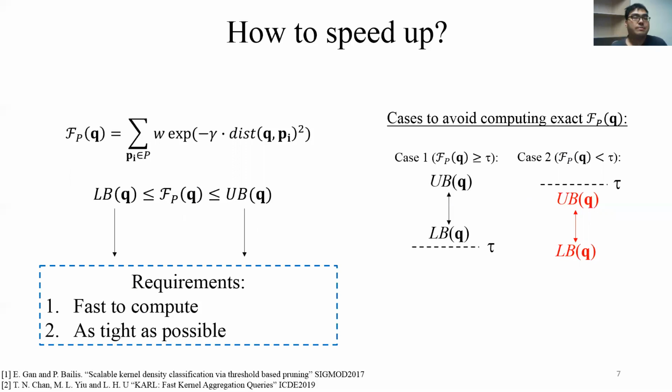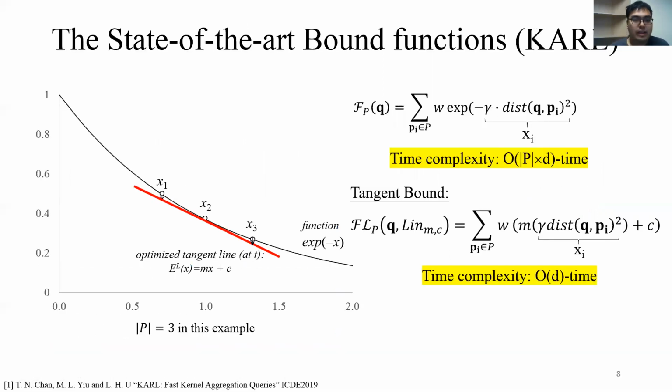And now we illustrate the concept of the state-of-the-art bound functions. You use the exact kernel density function here, and we regard this gamma times distance(q, p_i) squared as a value x_i, and this function becomes exponential of minus x_i.